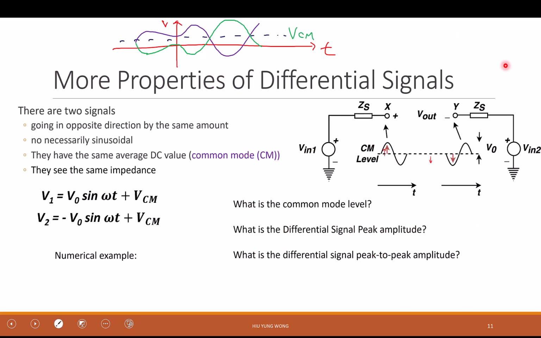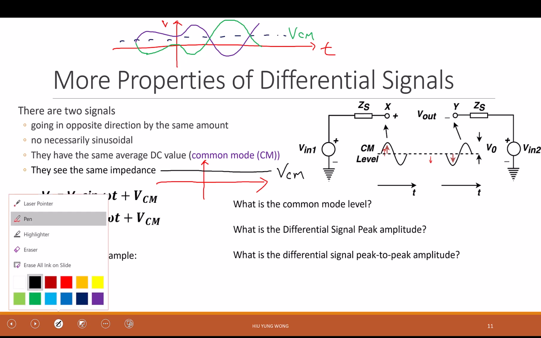Okay, so let's understand more by looking at an example. Here we have this sinusoidal wave. What is the common mode of this circuit? Do you know how to draw this? Basically you will have a line here, which is VCM, for both of them.